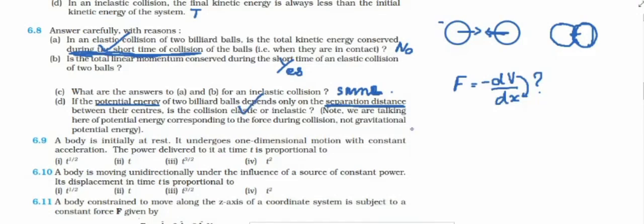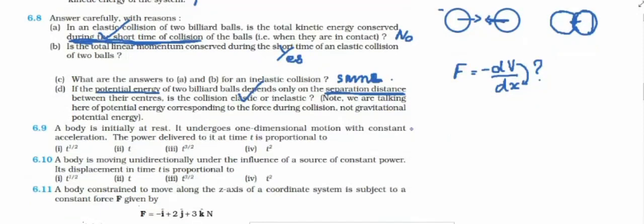Okay. Now, next question 9. A body is initially at rest, which means u is equal to 0. It undergoes one-dimensional motion with a constant acceleration. Power delivered to it at time t is proportional to.